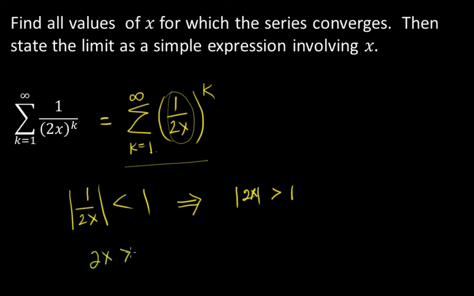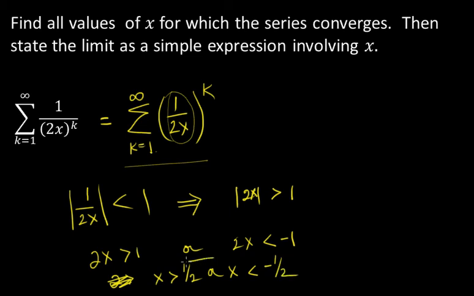And that means then that either 2x is greater than 1 or 2x is less than minus 1, which gives us x greater than 1/2 or x less than minus a half. So these are the values of x that make it converge.